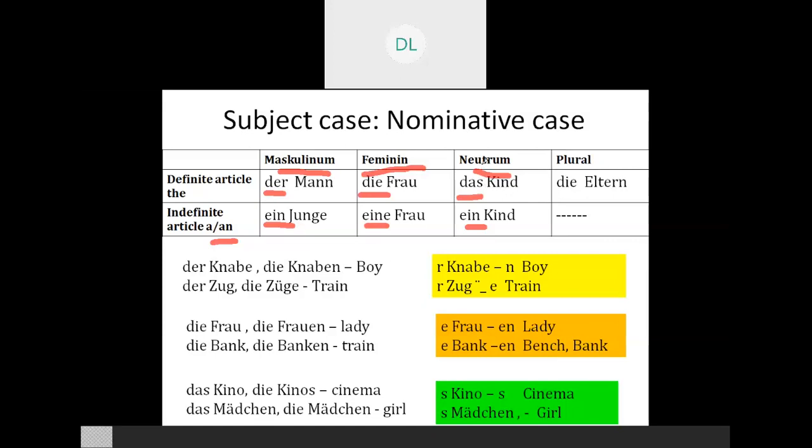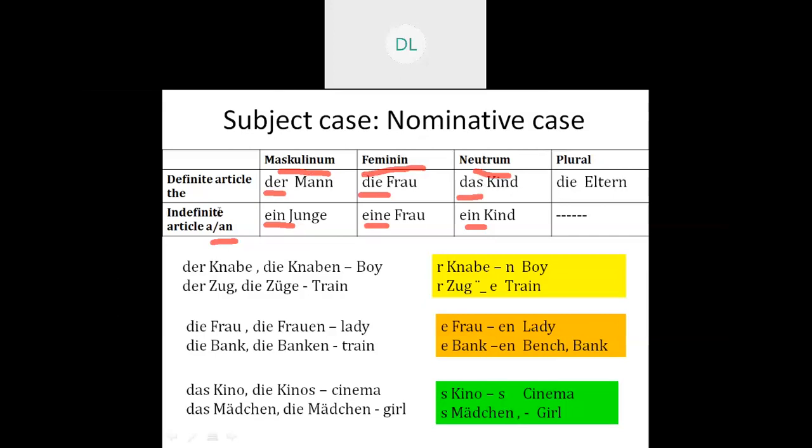On the last slide, we also checked that if I wanted to substitute this noun, der Mann, it will be substituted with er. Similarly, if I wanted to substitute die Frau, it will be substituted with sie.